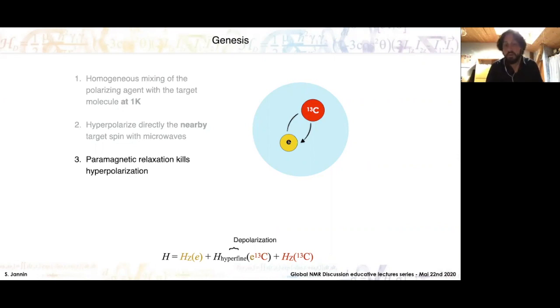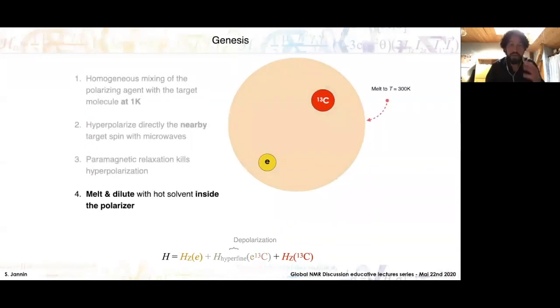And one way to do that, which we've been doing for a long time since the invention, is to melt the sample and at the same time dilute it with a hot solvent, which is usually water. When you dilute it, you have less radical concentration, so less paramagnetic relaxation, and you can transfer it to the NMR spectrometer.